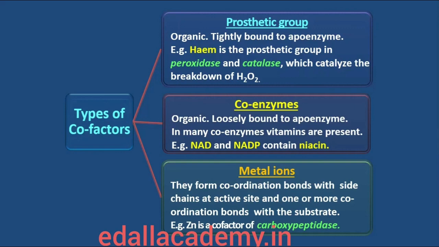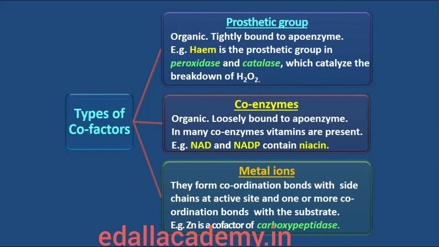The essential chemical components of many coenzymes are vitamins. Example, coenzyme nicotinamide adenine dinucleotide, generally called NAD, and NADP contain the vitamin niacin. Every coenzyme is a cofactor, but every cofactor is not a coenzyme.